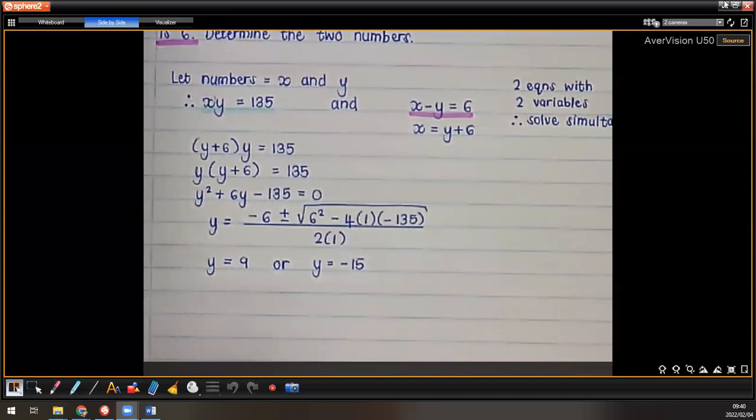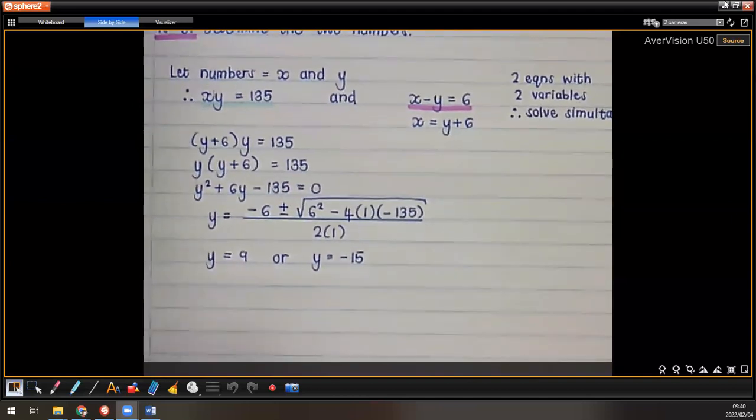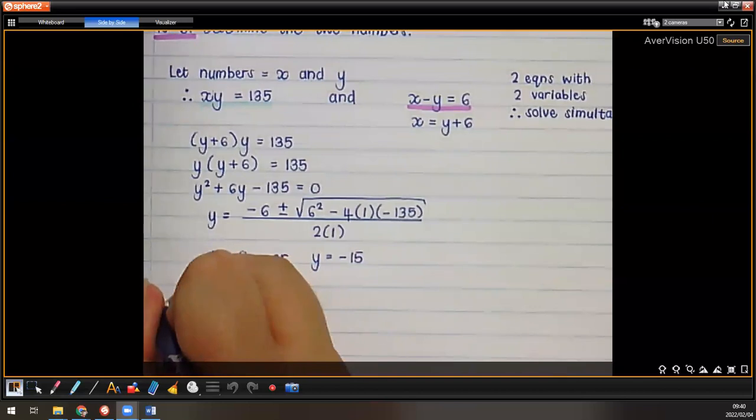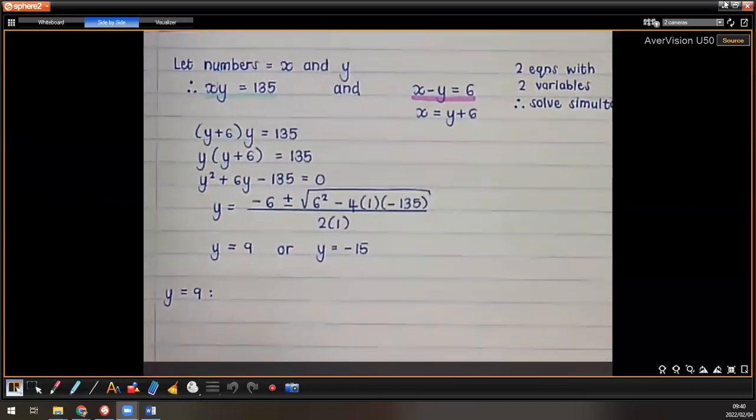Okay, now guys, we need to now use both of these y values to get two x values, right? And then we're going to have to check afterwards whether they actually work. So if y is 9, how am I going to find what x is?